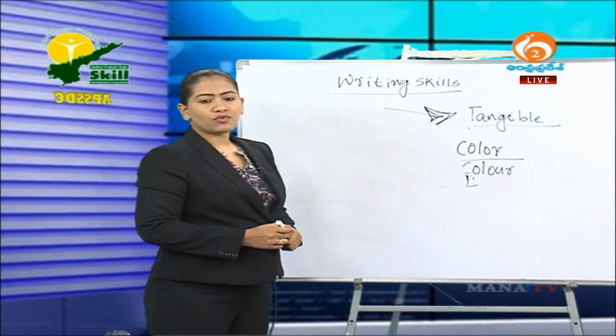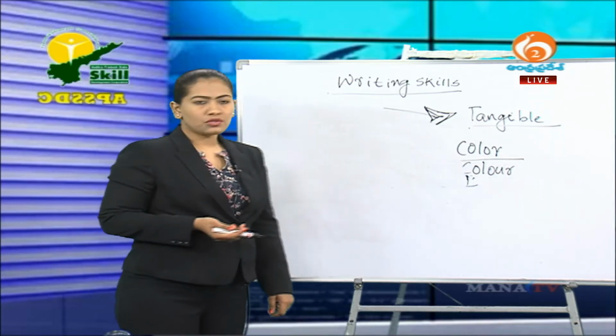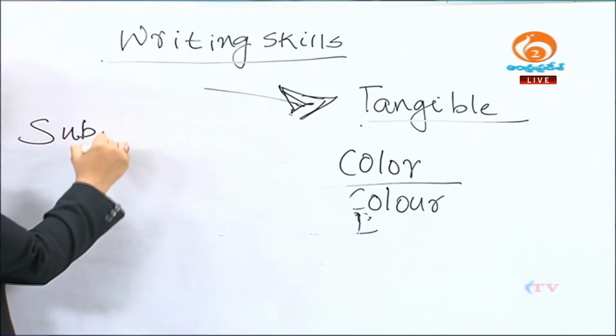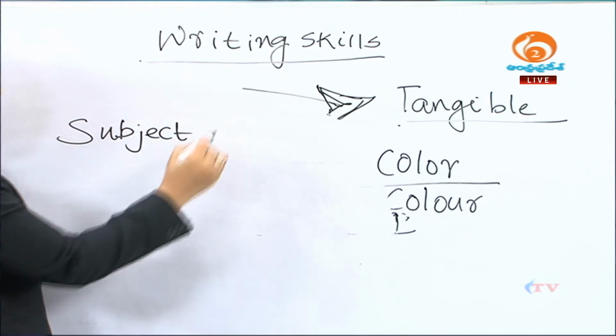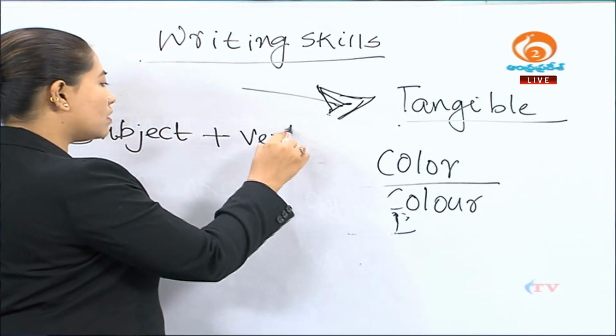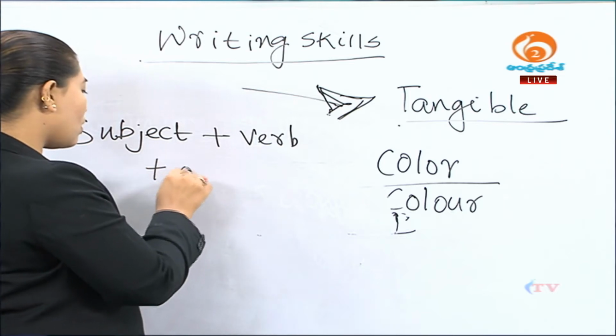English sentence follows a word order rule. This is in the form of subject plus verb plus object.